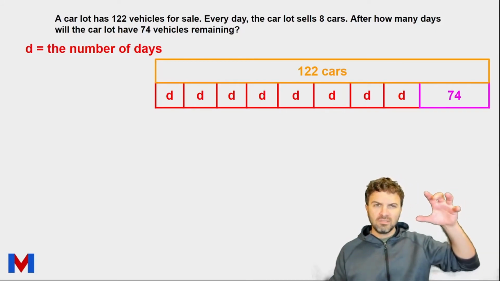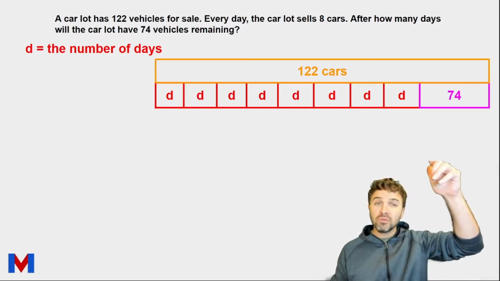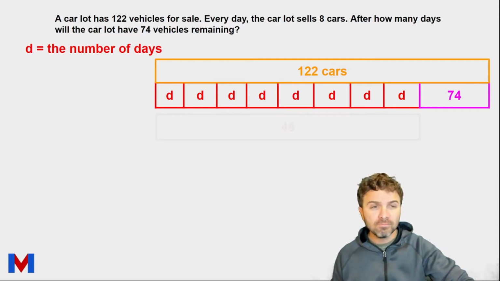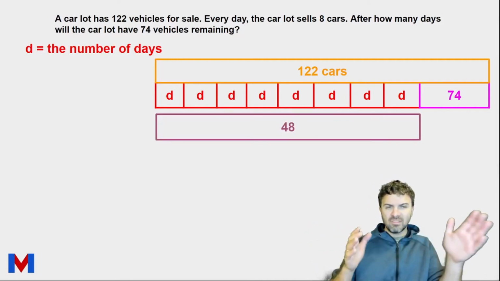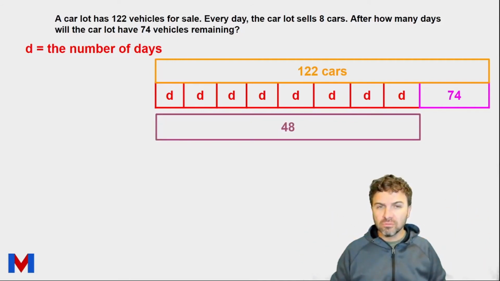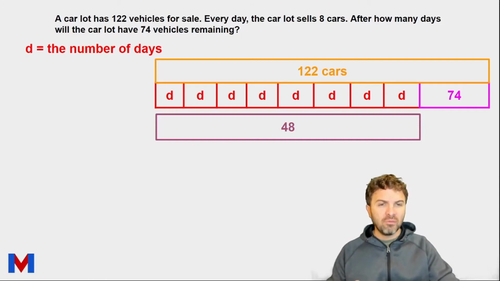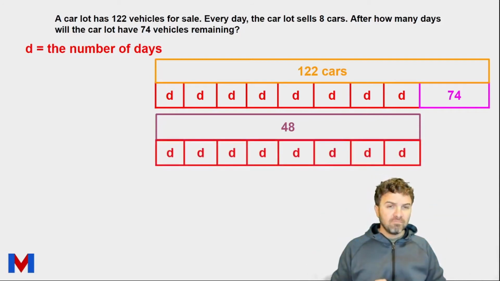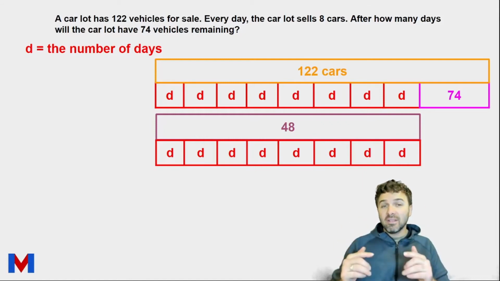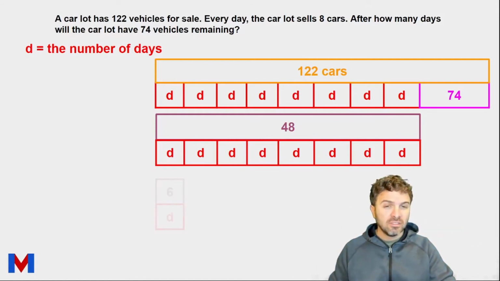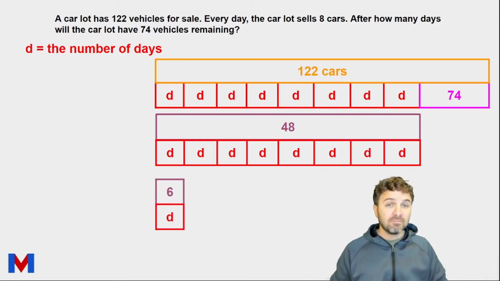Well, let's do 122 subtract that 74, and that's going to leave us with 48, because 48 and 74 make 122. If we do 8 cars per day, that means we're going to be splitting that 48 into 8 parts. So each part is going to be 6.